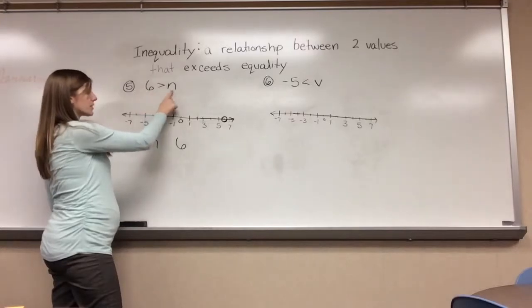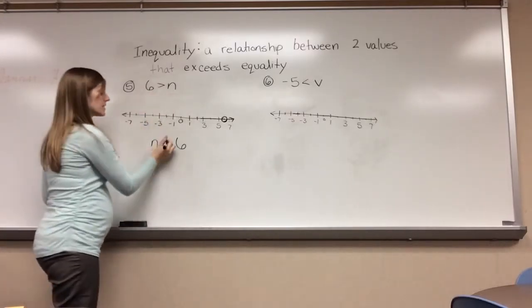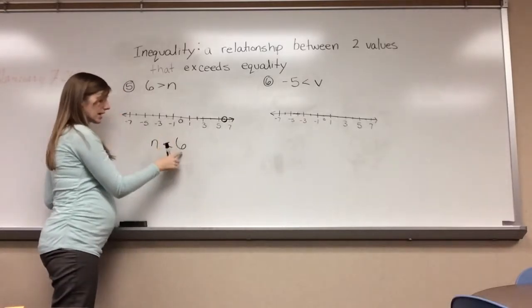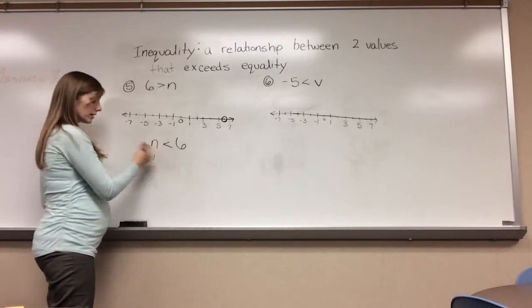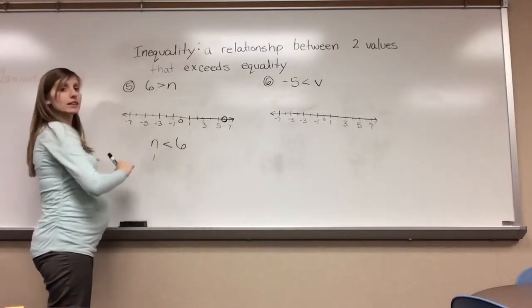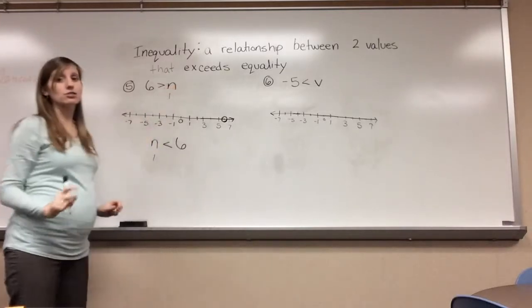If 6 is bigger than n, then n cannot be bigger than 6. n must be smaller than, or less than, 6. If I try a number that's less than 6, like 1, let's try it in the original inequality. 6 is bigger than 1. That's a true statement.